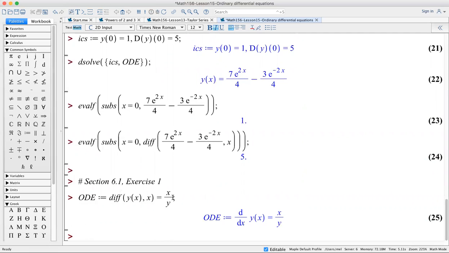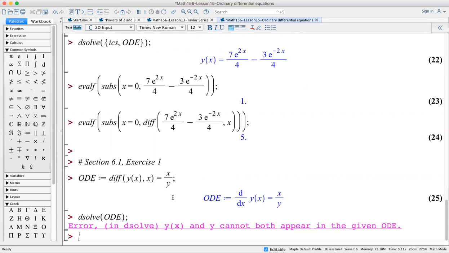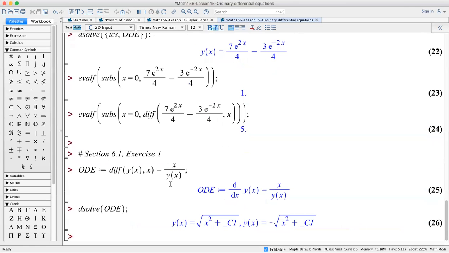Find the general solution. So we just write dsolve. There we are.